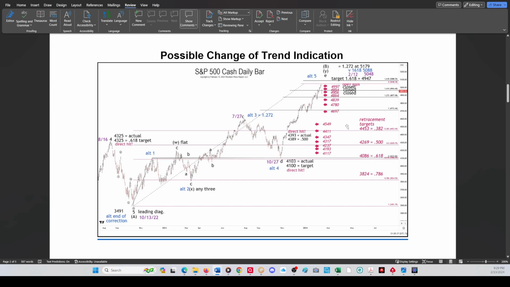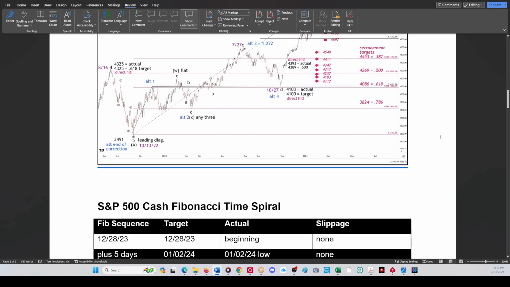There's our retracement targets here for this 5-wave advance from the October 2022 low to the high on yesterday, 212. Retracement targets are 44.53, 42.69, 40.86, and 38.24. Okay, we'll see how that plays out.